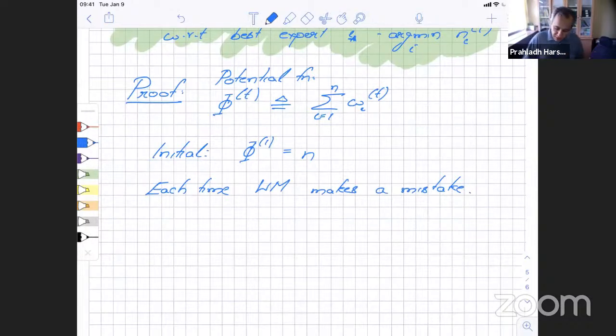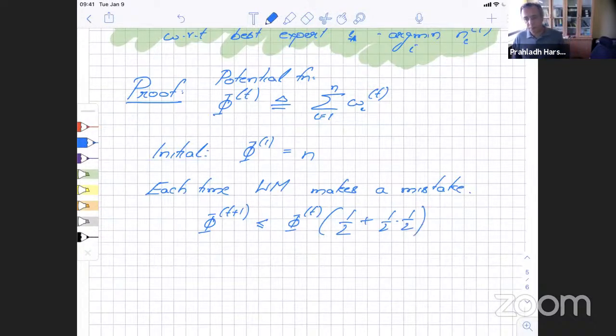So in particular, each time the algorithm makes a mistake, phi of t plus 1 is less than or equal to phi of t. So half of them possibly remain unchanged, and half of them drop by a factor of half. Strictly more than half, at least half of them drop by a factor of half.